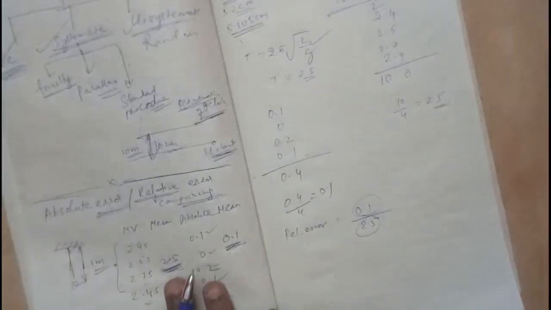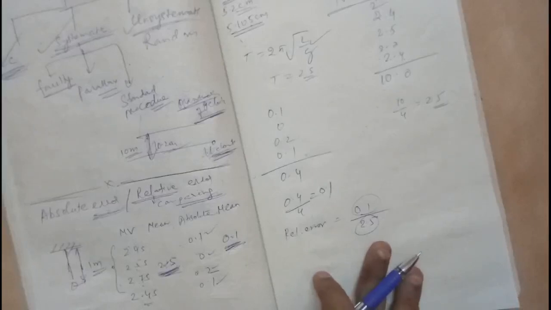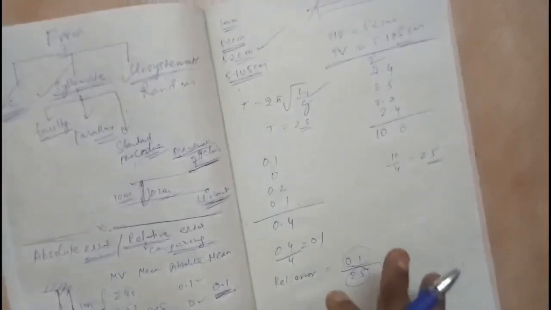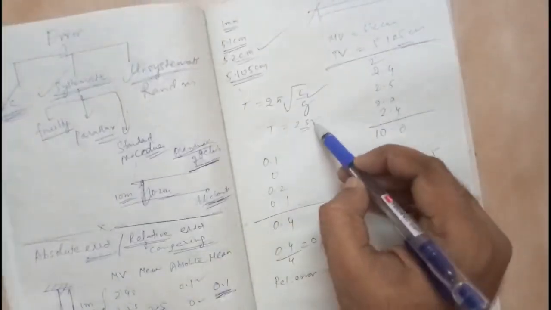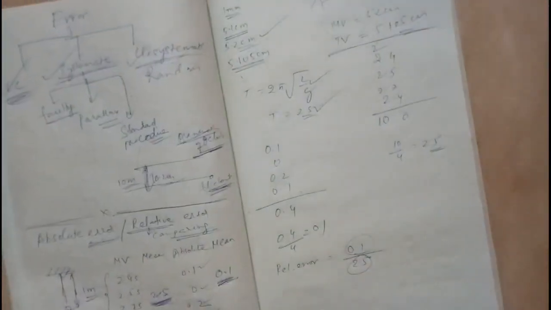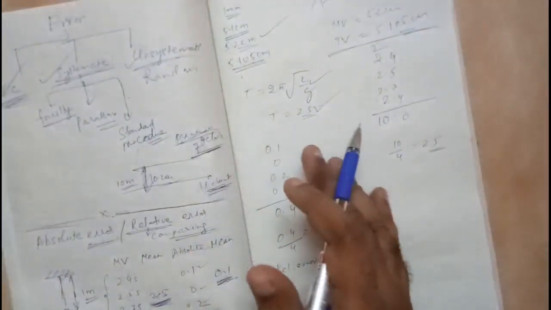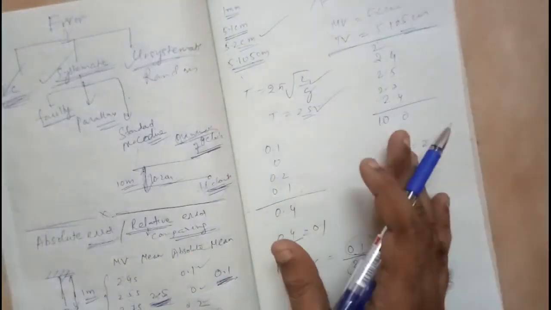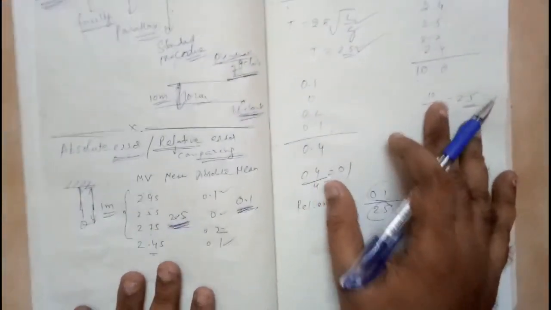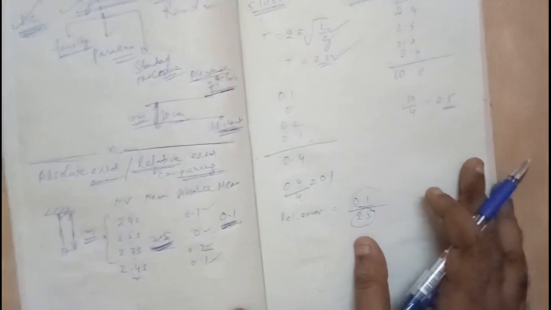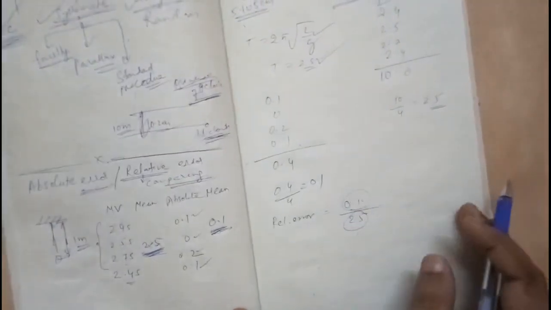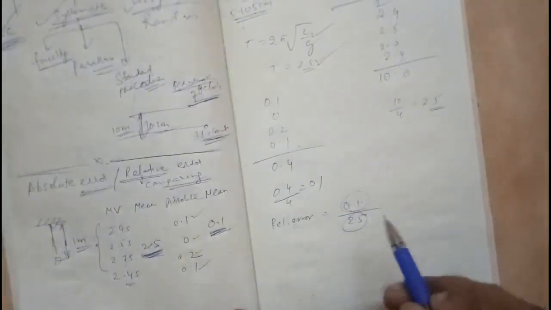In this case we are taking 2.5 as a true value, but if you are really interested in knowing the true value, it will be this. But for every example we may not know the formula, so from the measured values only we will come to a conclusion about true values. So 0.1 by 2.5 will be the relative error in this case.